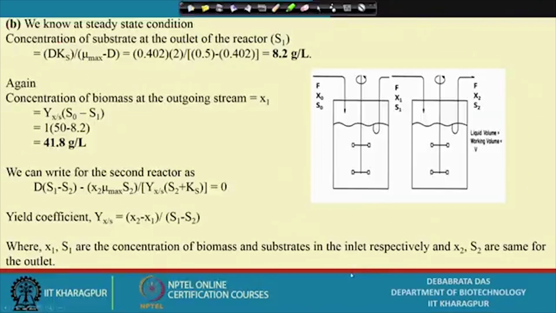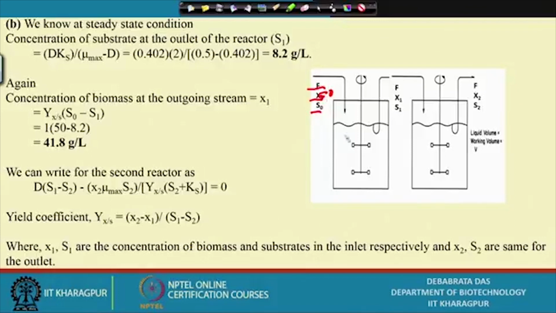First, we shall have to find out, schematically, this process is like this. F is the flow rate, and x0 is the initial cell concentration, which we can assume to be 0 in the first reactor, am I right? x0 equal to 0.